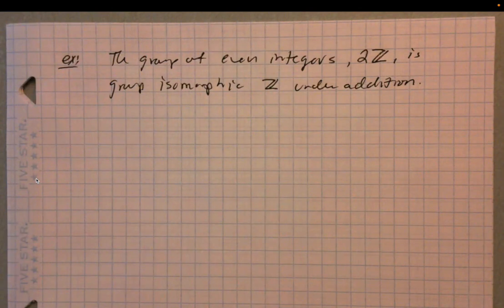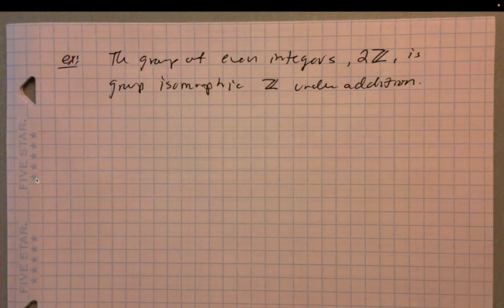Right? So if you take any even element, you can map it, you can use this fact, the group of even integers is group isomorphic to Z, right?